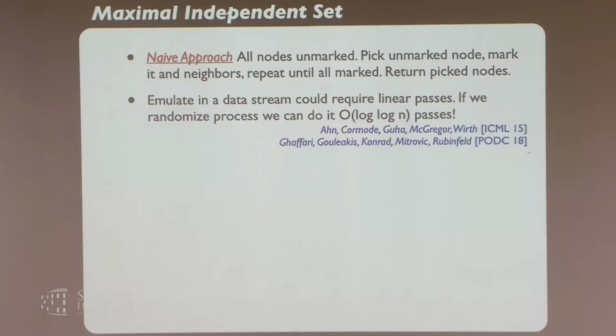In which case, why are you only storing edges incident to that first pivot? Maybe you could afford to take your first, second, third, fourth choice, collect all the edges incident to those, and run this greedy process amongst those edges. That intuition will lead you to an algorithm that gets you log n passes.